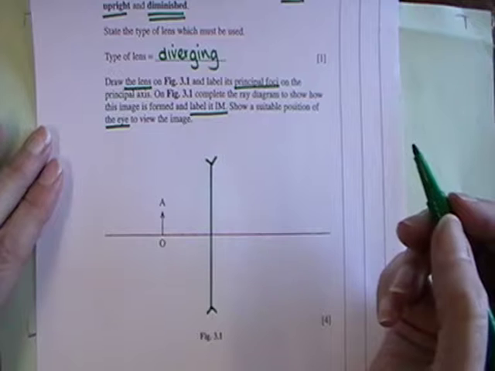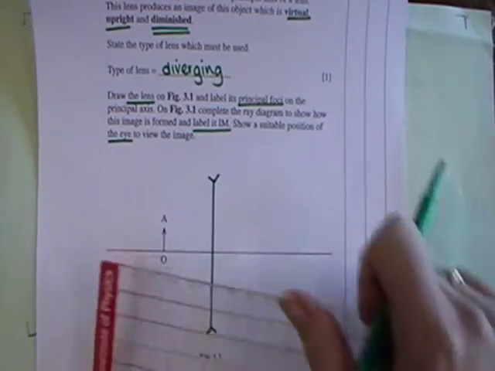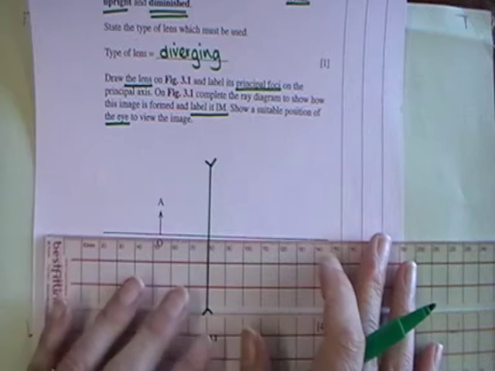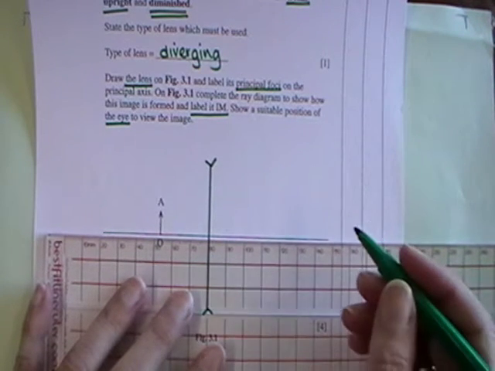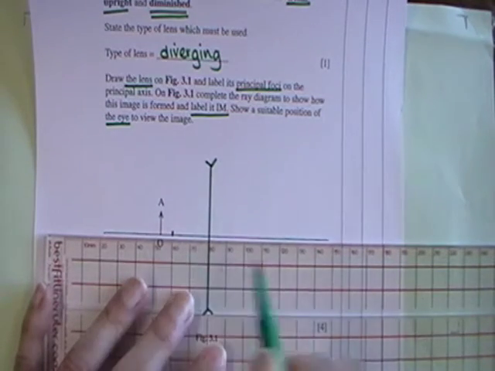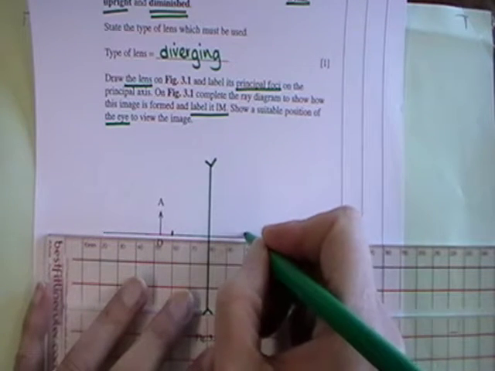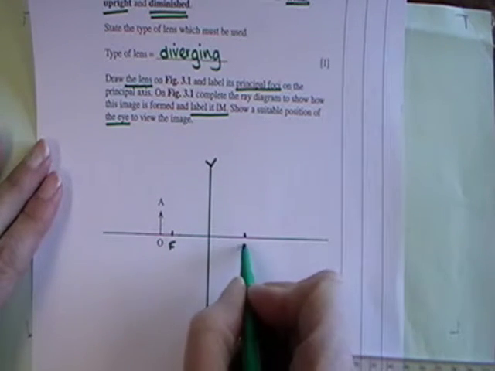And if we want to produce an image which is diminished, then we should place the principal focus closer between the object and the lens. So if I mark it at 2 centimetres out, you could use any value that you choose. The other principal focus must be on the right hand side at the same distance, and we label that F.